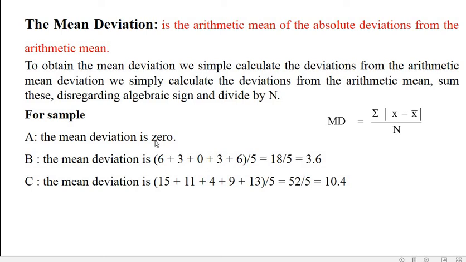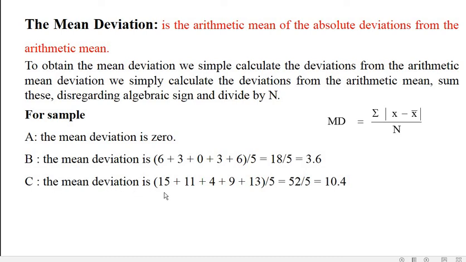In sample B, after ignoring the sign, it is 6, 3, 0, 3, 6. The summation over the number of observations, 5, is 18 over 5, which is 3.6.